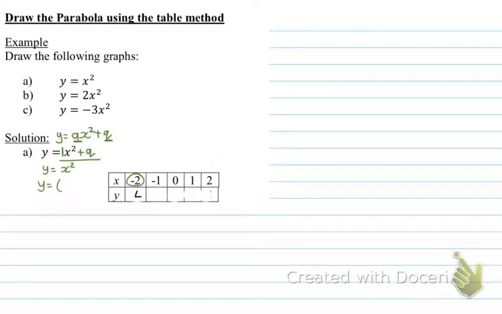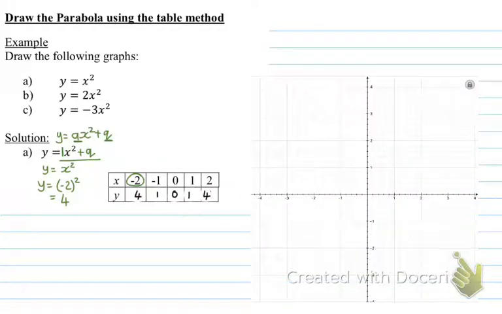y is equal to negative 2 squared, and that gives me positive 4. Okay, so the bracket is very important there. And also when you have to use your calculator, just remember the brackets. Now we are going to calculate all the y values in that way, and then I get the answers 4, 1, 0, 1, and 4.